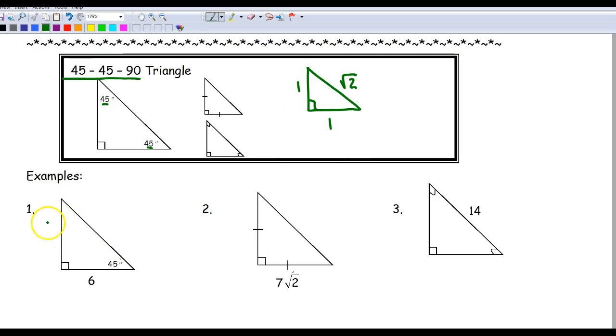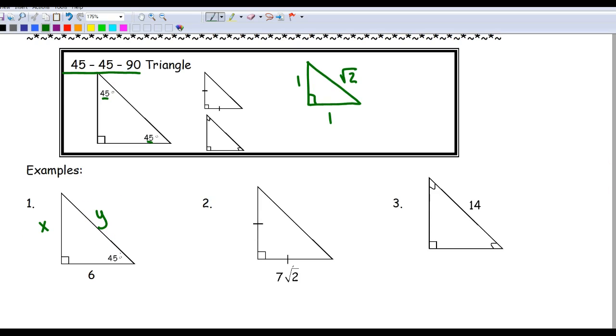Alright, so we have this triangle here, and we're going to be labeling the missing sides with an X and a Y. It doesn't matter where you put the X and where you put the Y. You could set up a proportion for X. We can draw our little triangle off to the side with the 1, 1, root 2, and set up a proportion to solve for X. However, make it easy on yourself.